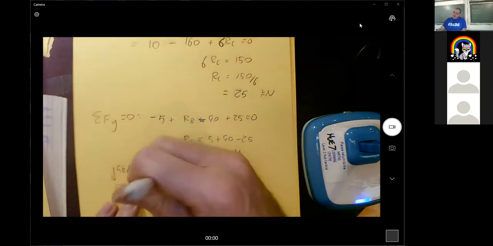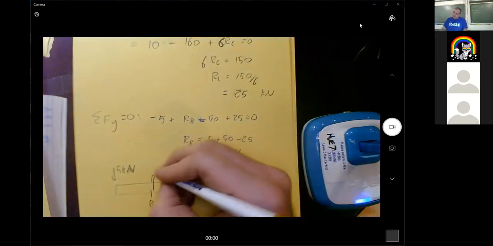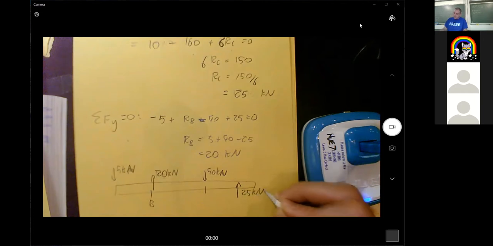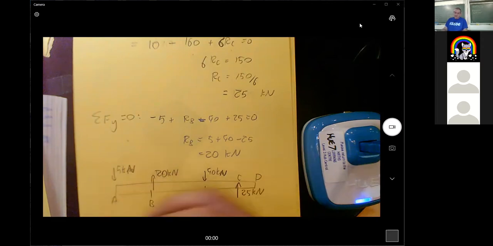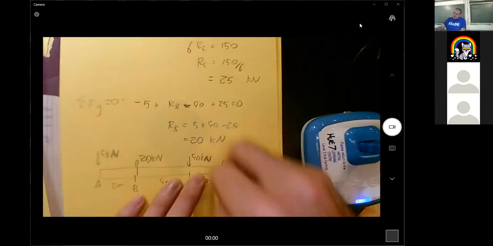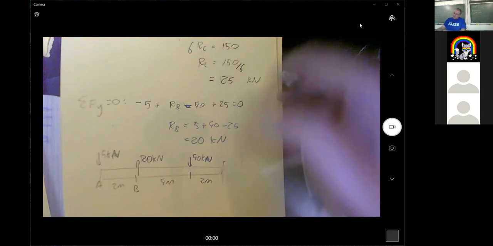Damn it, I just actually went to all the effort of finding what this was. See, this is T, this is A, 2 meters, 4 meters, 2 meters, 2 meters. Okay. Sweet.